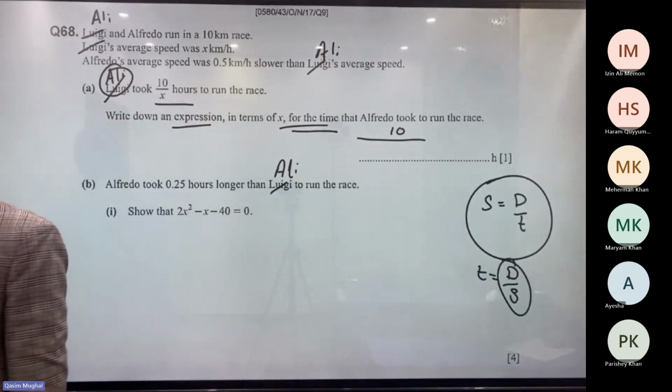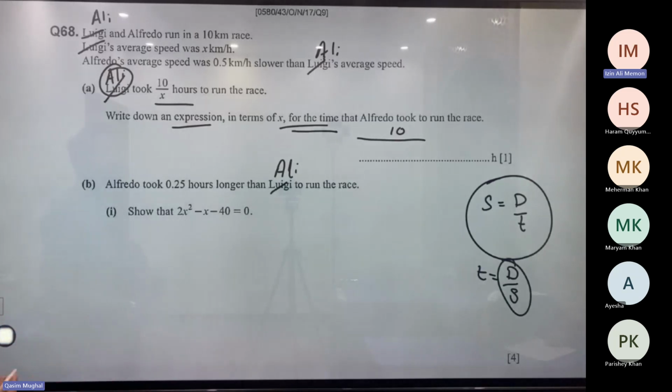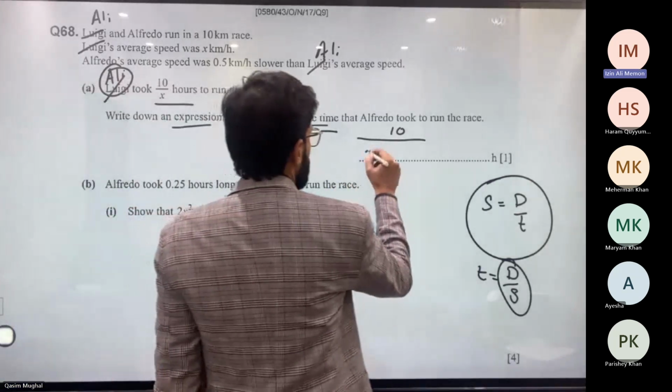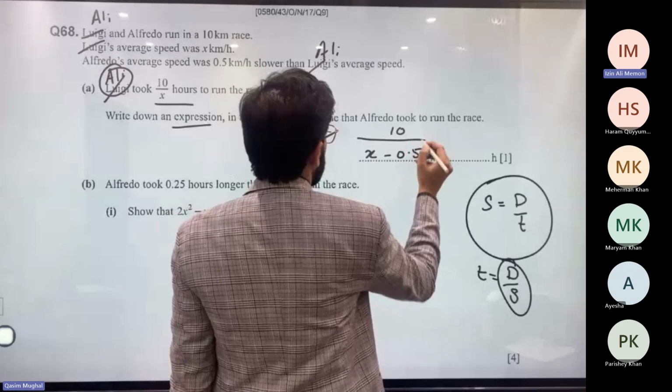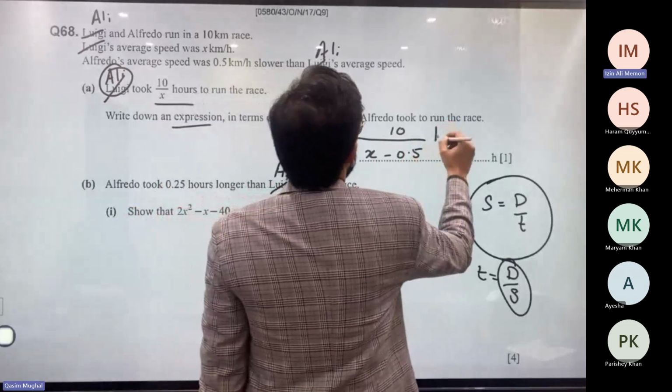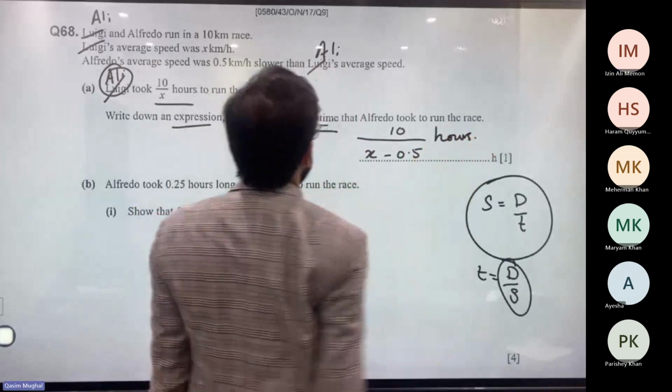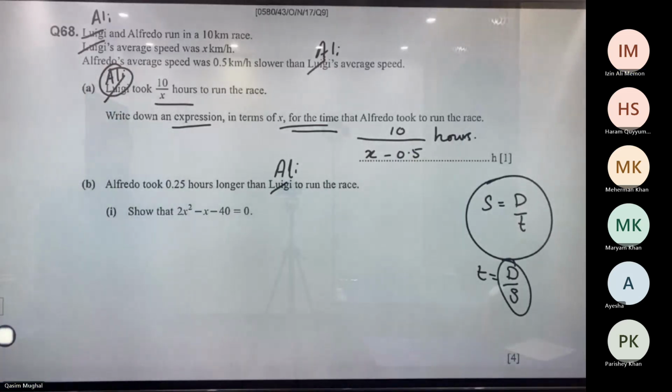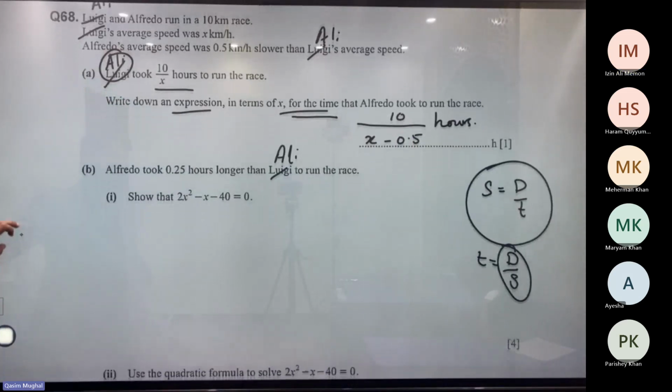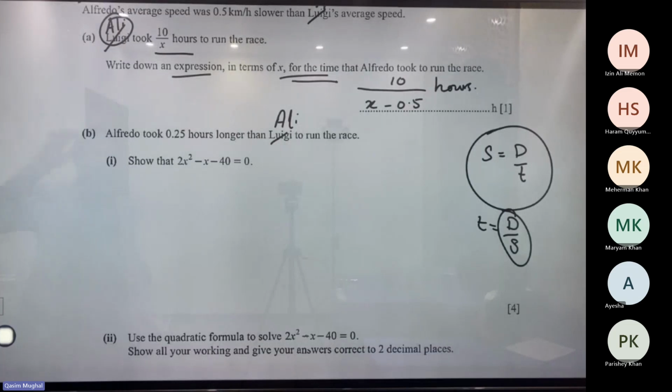X. And what will be the average speed of Alfredo then? X minus 0.5. So this is an expression for time. Part A done.